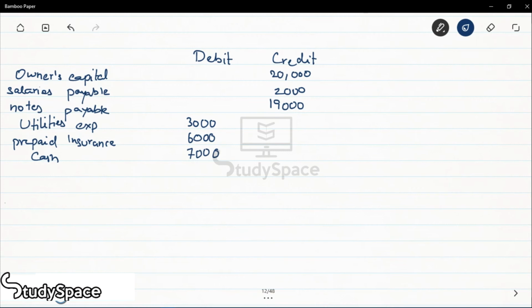Now if we were ever given a balance such that our cash had shown a negative 7,000, then we would have credited it, showing a bank overdraft instead of a cash balance, because that would state that cash has been used to exhaustion and is no longer a positive amount, and therefore cannot be added as a balance of a positive nature. So that's it for this video.